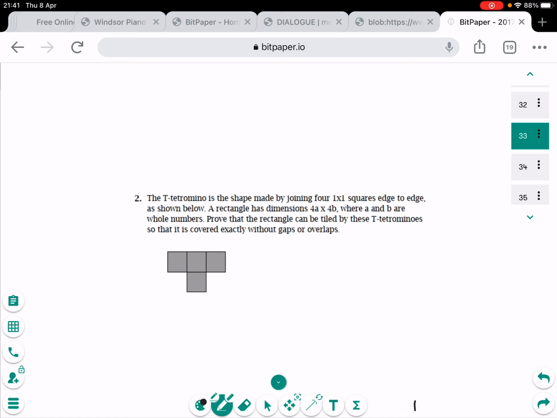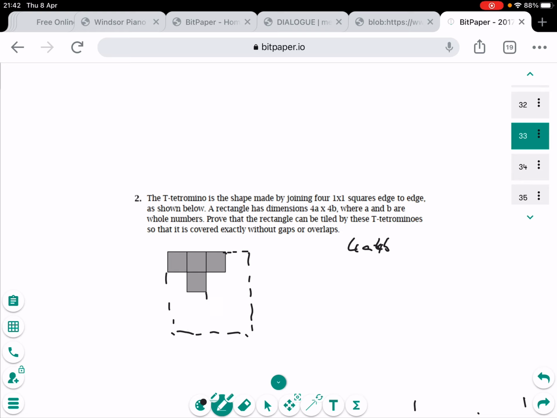So the basic one is 4A times 4B. So let's say A and B are both 1. To make this square, we would need 3 here.